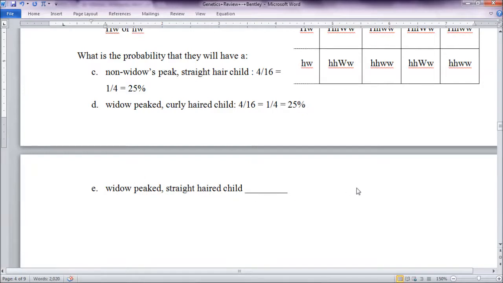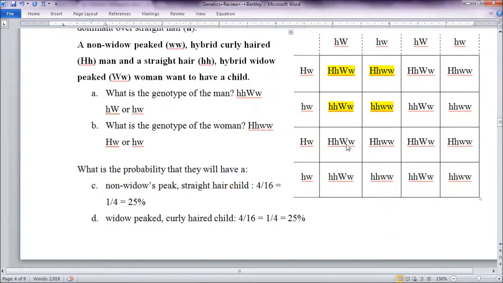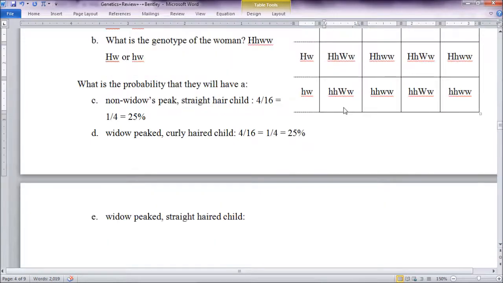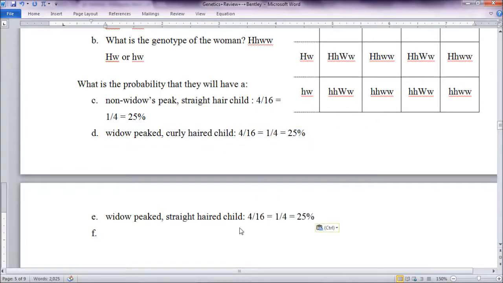Okay. Inserted a tab, but I didn't mean to. Widow peak straight-haired child. So straight hair is 2 little h's. Widow's peak is a W, so it's this one. Again, you'll notice the pattern. It's 1 in 4 again. So there we go. And paste.